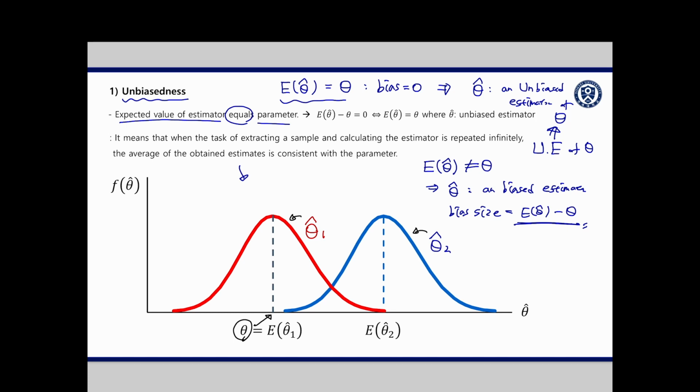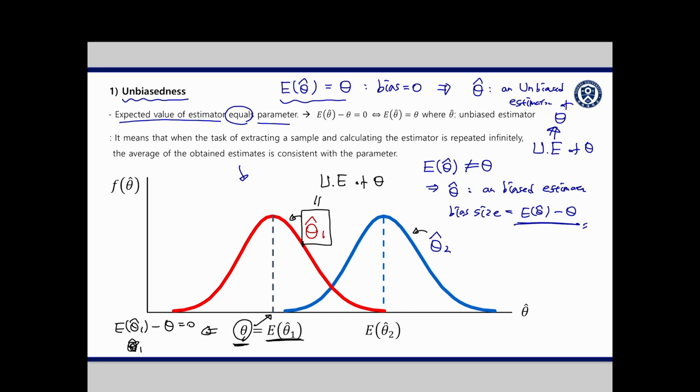At this time, the expected value of theta hat 1 equals theta, that is, the bias equals 0. Therefore, theta hat 1 is an unbiased estimator of theta.